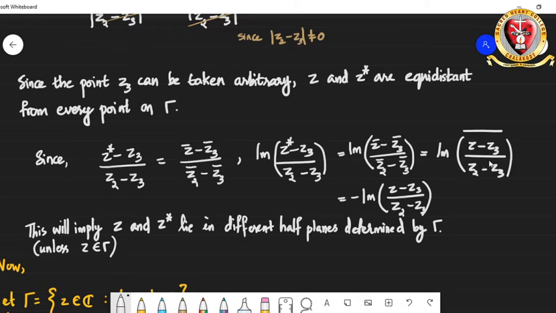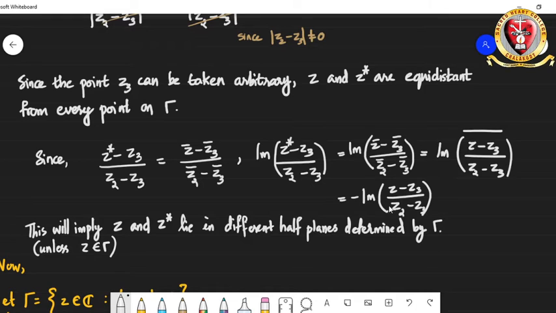So this is equal to the negative of the imaginary part of (z minus z3) divided by (z2 minus z3), because the imaginary part of a complex number and the imaginary part of its conjugate differ by a factor of minus 1. That is the point to be noted here.